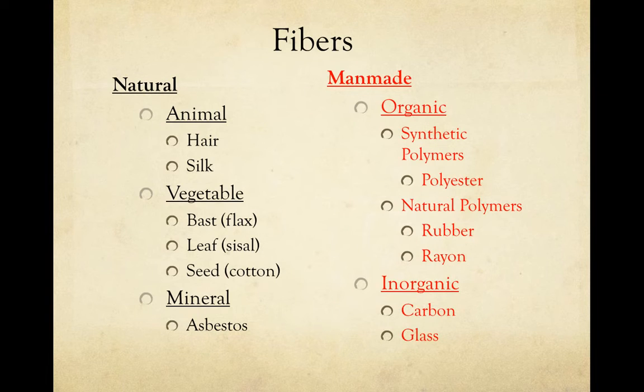Now we're moving on to the man-made or synthetic fibers. This is the other general division of fibers, moving away from the naturals. These are organized into organic and inorganic, and then the organic ones are further categorized into the synthetic and the natural polymers.